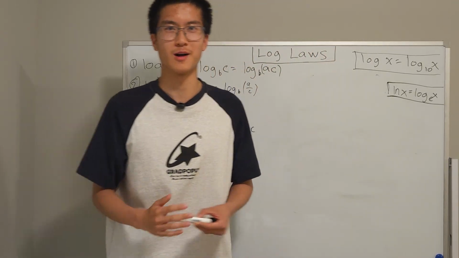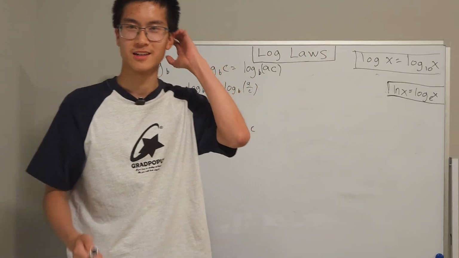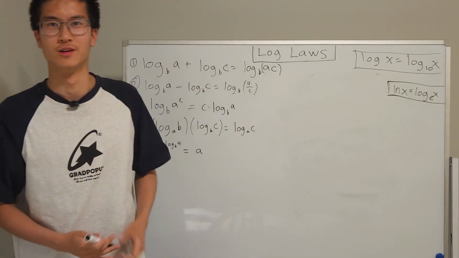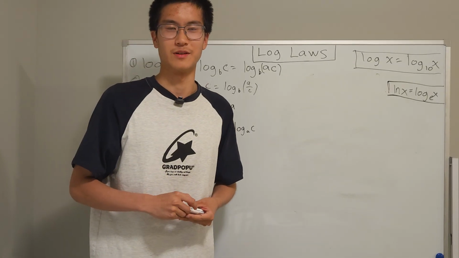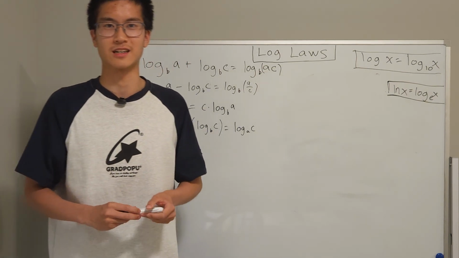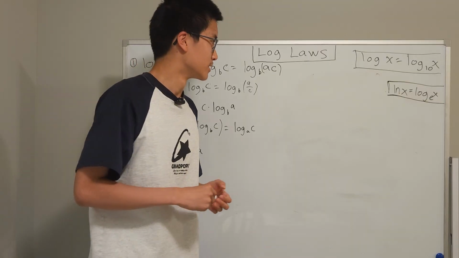Another important type of problem is solving logarithmic equations that have restrictions, so restrictive values. Because this will be a common type of problem throughout your second year of pre-IB.